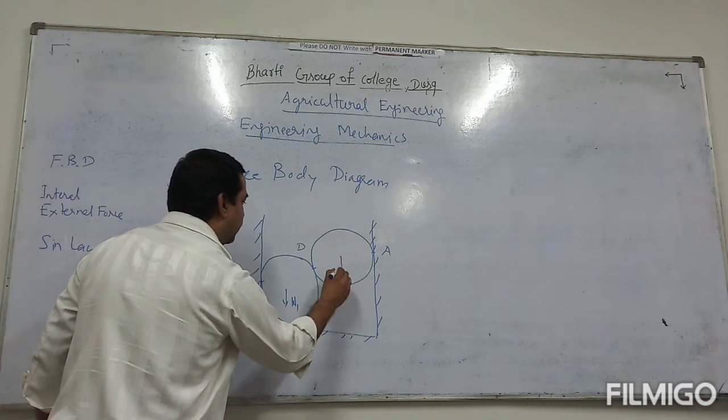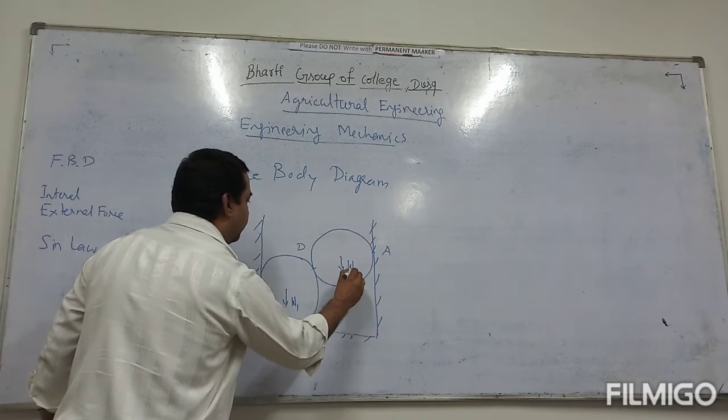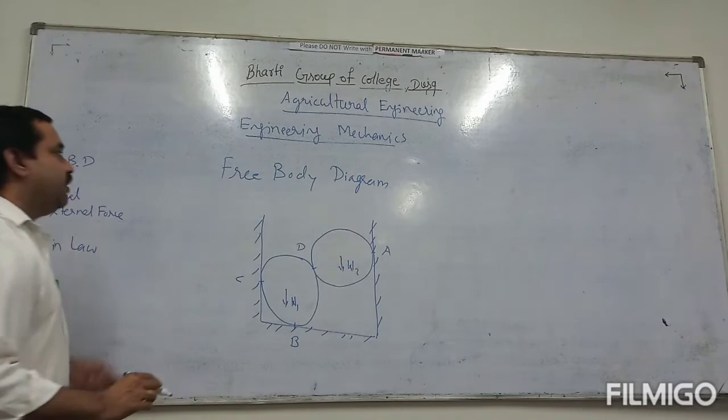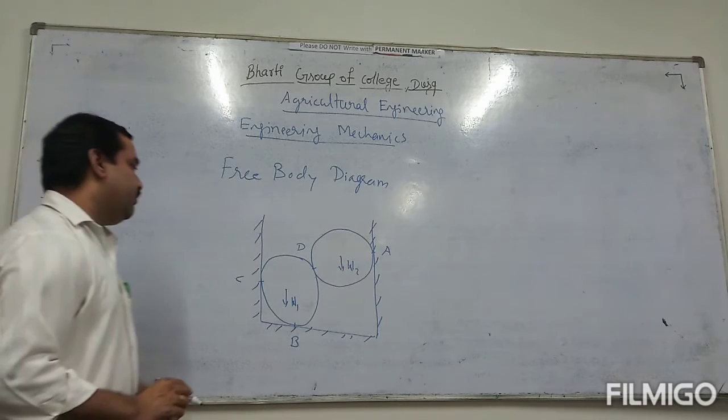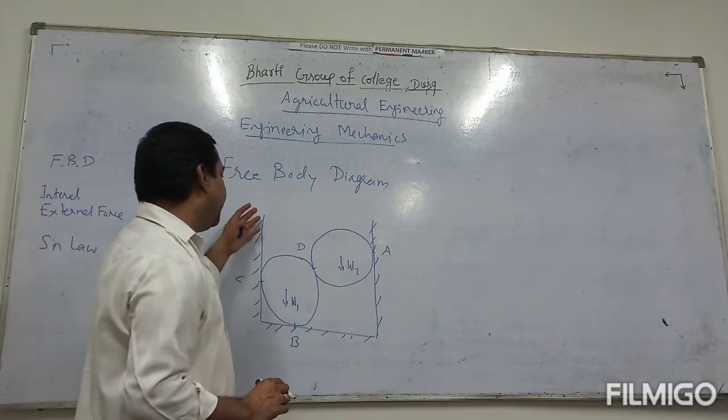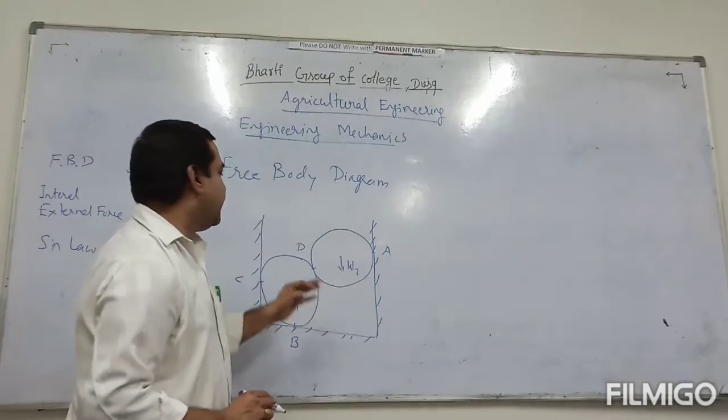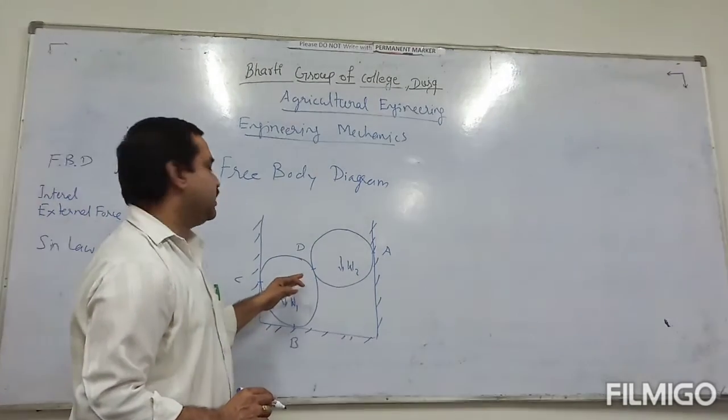This one is W1, this one is W2. For making the free body diagram, we have to replace this channel and then these two balls.